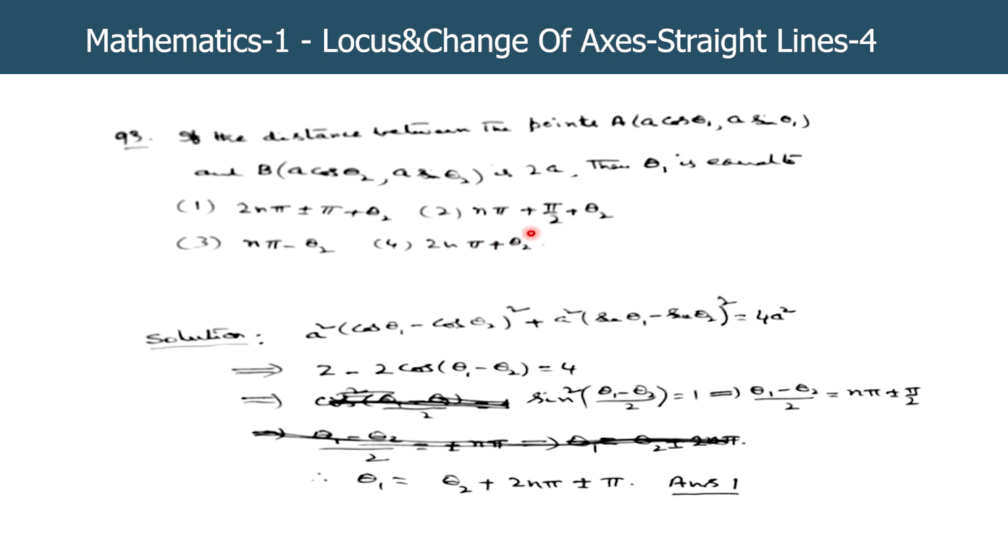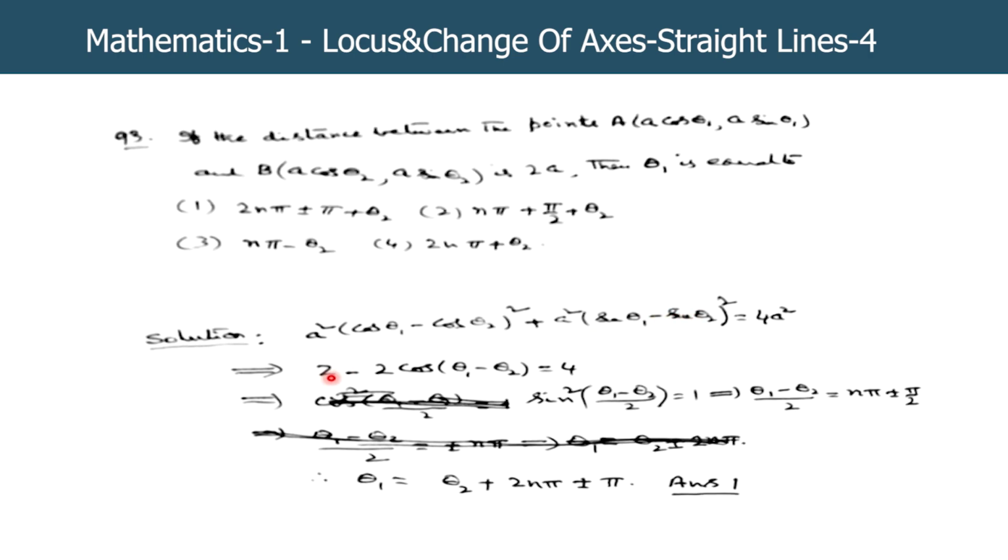So now using the distance formula, we have a square into cos theta 1 minus cos theta 2 whole square plus a square into sin theta 1 minus sin theta 2 whole square is equal to 4a square. So cos theta 1 minus cos theta 2 whole square is cos square theta 1 plus cos square theta 2 minus 2 cos theta 1 cos theta 2. And the other one is sin square theta 1 plus sin square theta 2 minus 2 sin theta 1 sin theta 2.